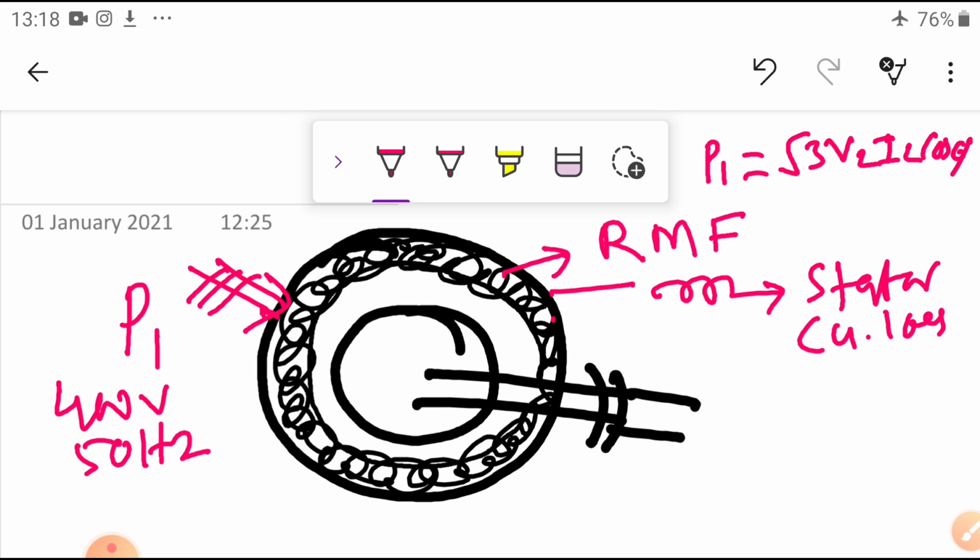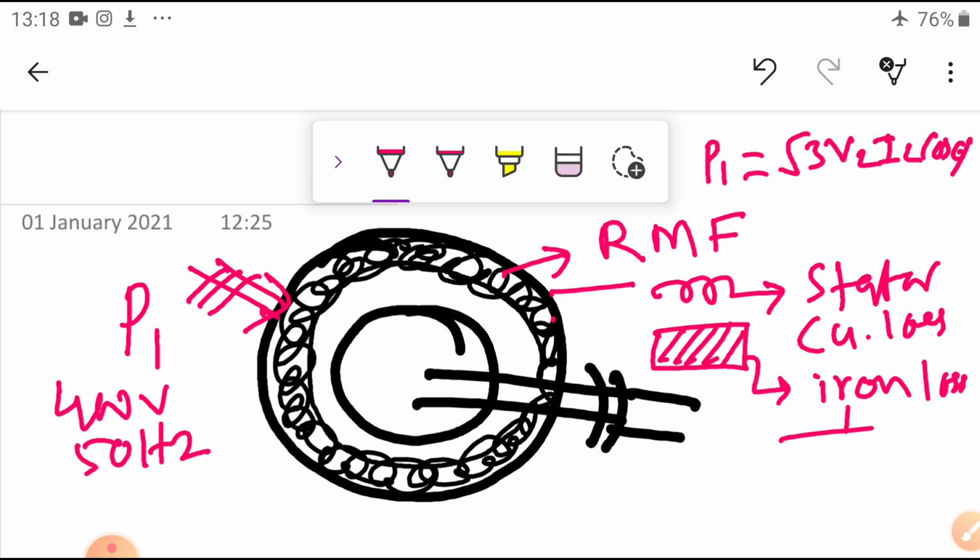At the same time, it has laminations, the stator core also. Due to this, there are iron losses. What are the iron losses? One is the eddy current losses, another is the hysteresis losses.